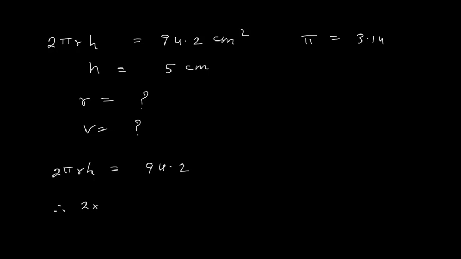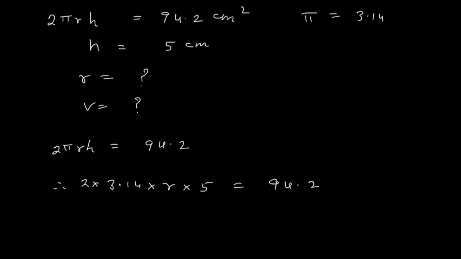Therefore 2 into the value of pi, 3.14, into r, which we don't know, into h, which is 5, is 94.2.